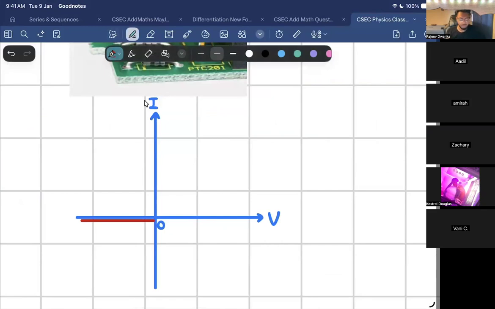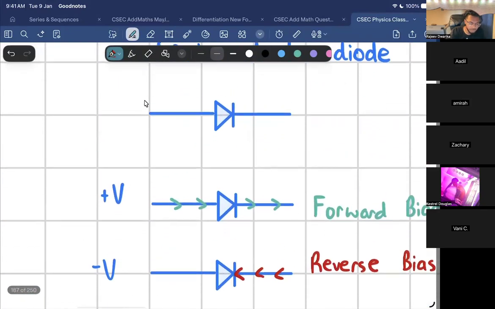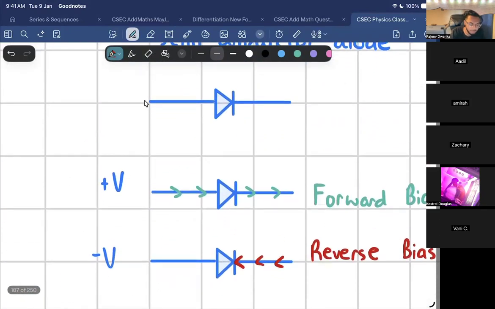And in the positive voltage, current will increase. It will allow current to flow now, right, guys? When the voltage is positive, what does the diode allow? Current to flow through.